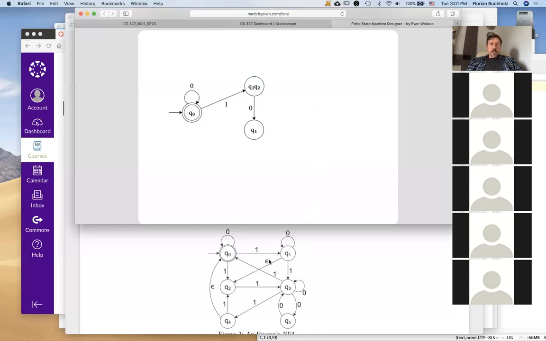So on a 1, we can go from Q1 to Q3, and from Q2, we can also go to Q3. Like that. Also not an accepting state.